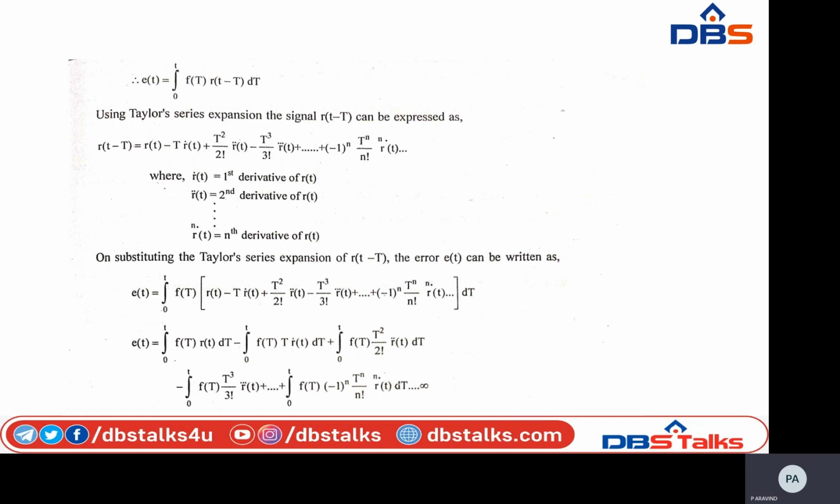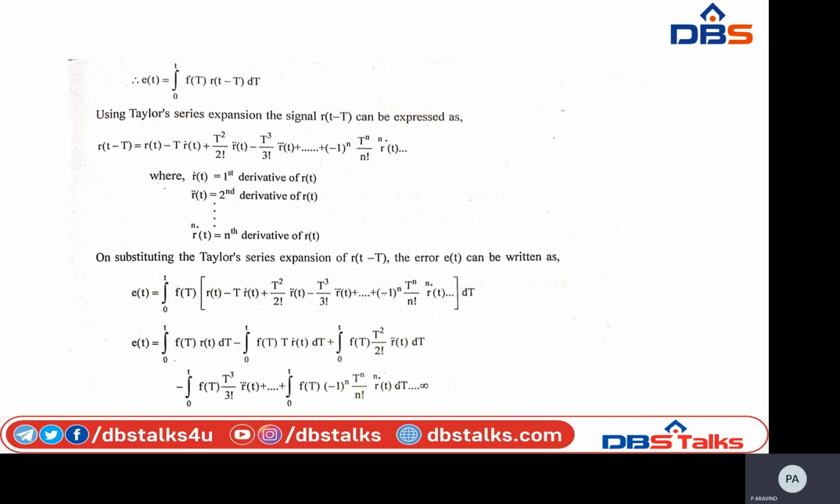We can express the signal R of small t minus capital T using Taylor series expansion as R of t minus capital T into R of t with a single dot plus T square by 2 factorial R of t with double dot minus T cube by 3 factorial R of t with triple dot and so on.